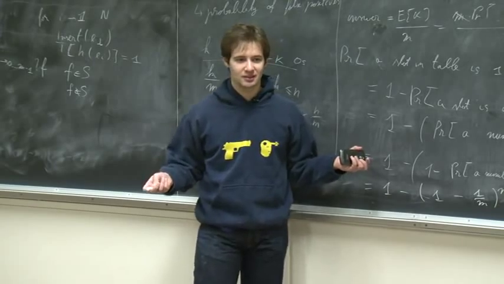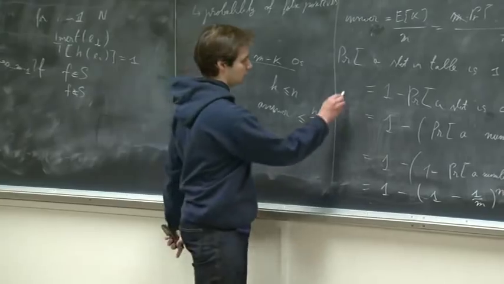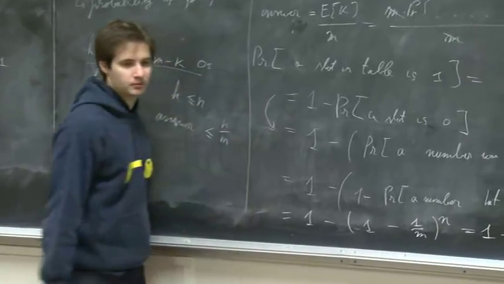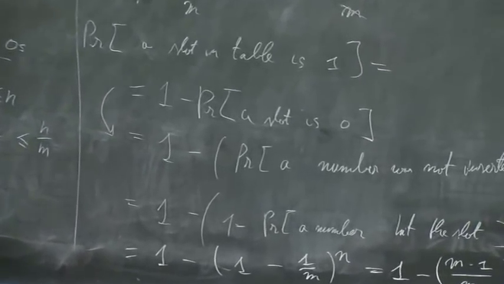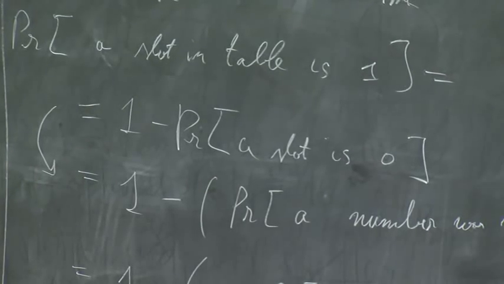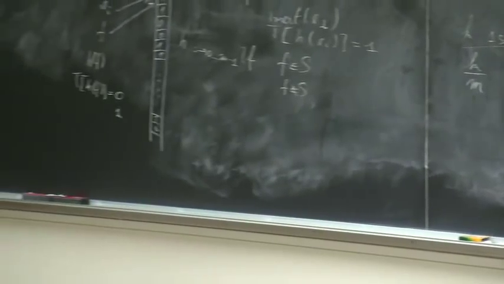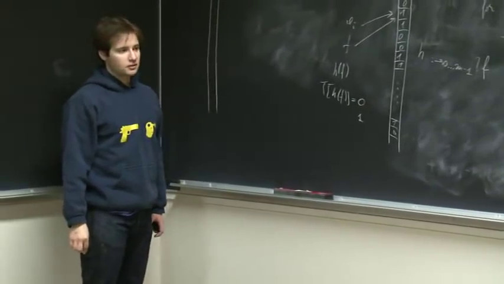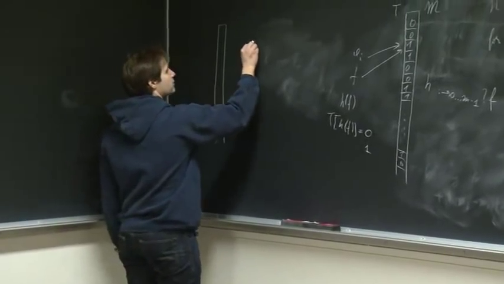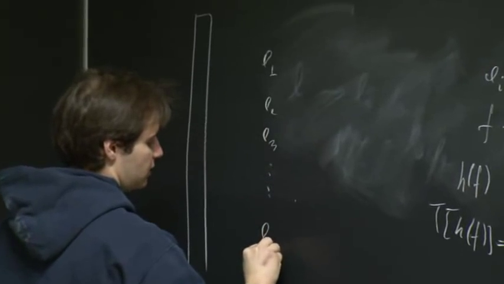Okay, so now you said you're having trouble with this step? Okay. So let's see. Let's do this here. So we have this table here, right? And we have n elements, E1, E2, E3, all the way through En.